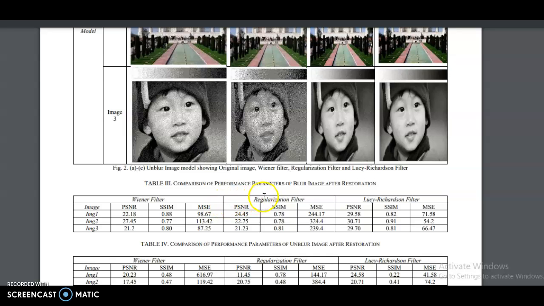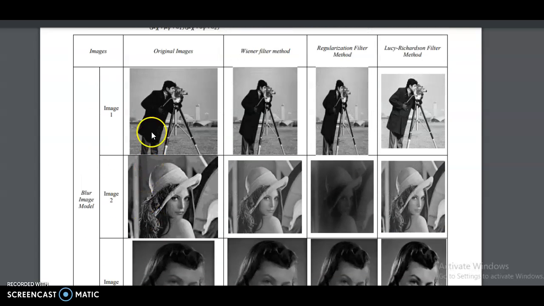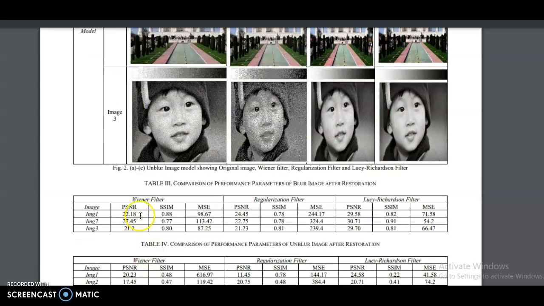Comparison of performance parameters of blur image after restoration. Image 1, 22.18 here. Image 1 for Wiener filter: PSNR, SSIM, MSE.